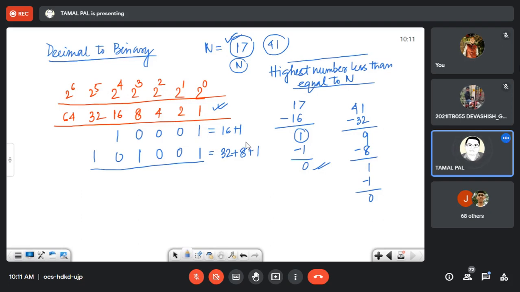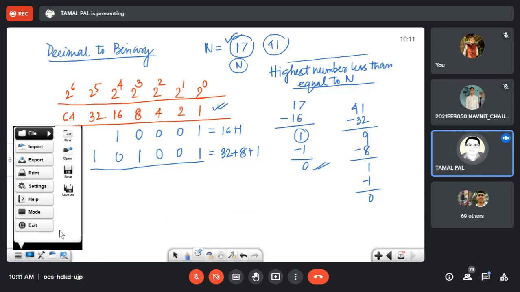Check if it is 17 and 41 or not. Is it okay? Yes, sir. Okay. There is some problem with the screen.